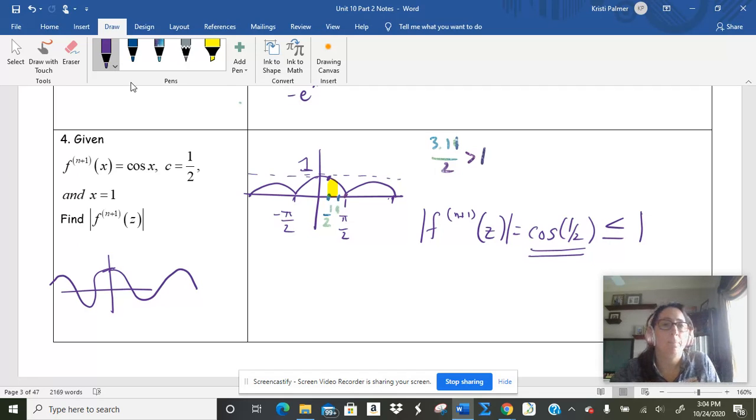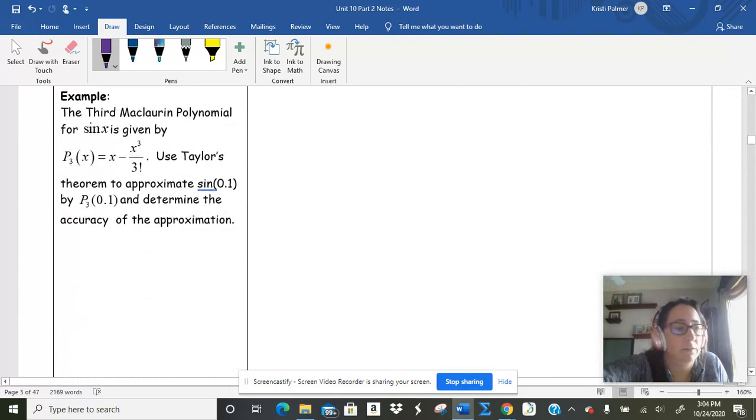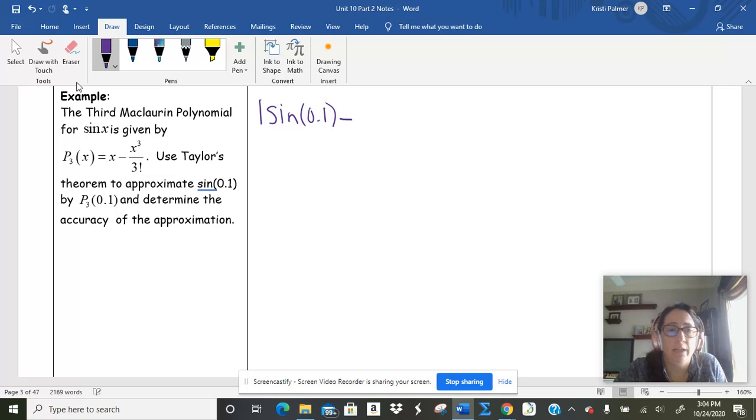next, we are going to actually put this all together. So here's the third Maclaurin, and we used it to approximate sine. So I said the absolute value of the original function minus the third degree. See how it went to the third and the third? Okay.